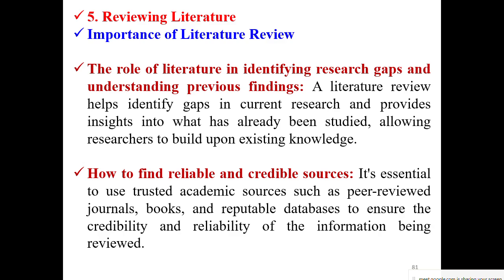How to find reliable and credible sources: it's essential to use trusted academic sources such as peer reviewed journals, books, and reputable databases to ensure the credibility and reliability of the information being reviewed.